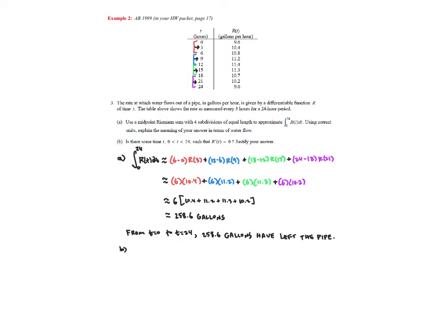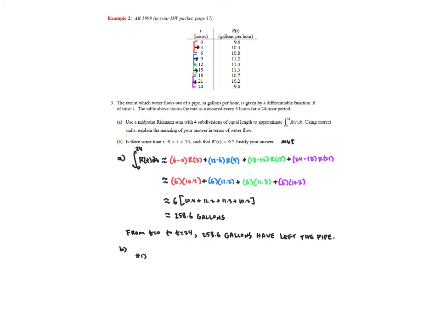Okay, part B. Is there some time between 0 and 4 such that r prime of t equals 0? Justify your answer. Okay, so this to me screams mean value theorem. I would have to go through a 3-point checklist, right?